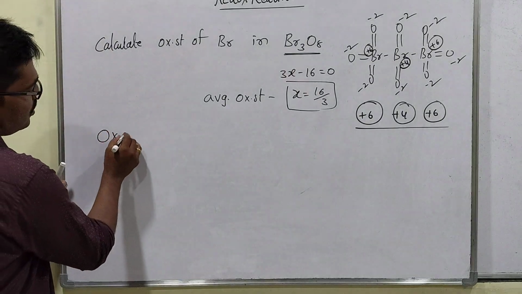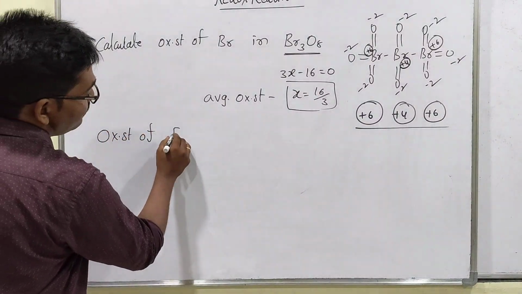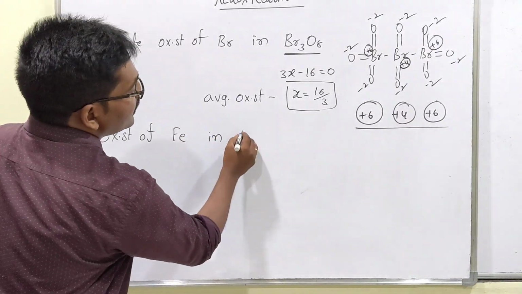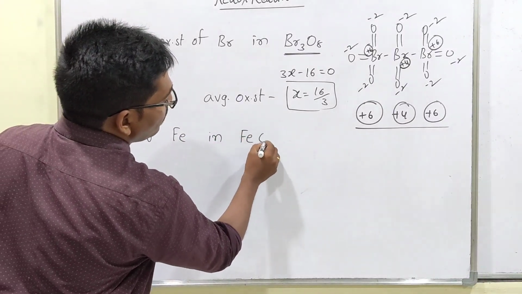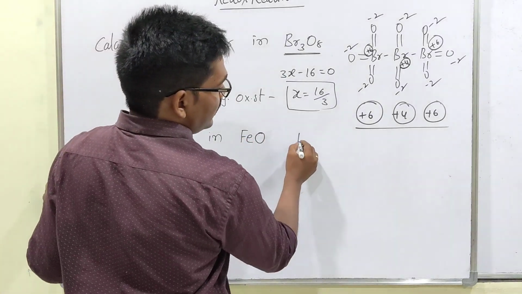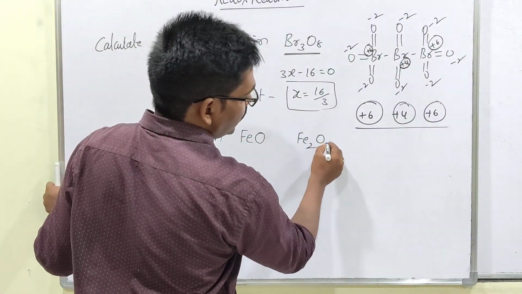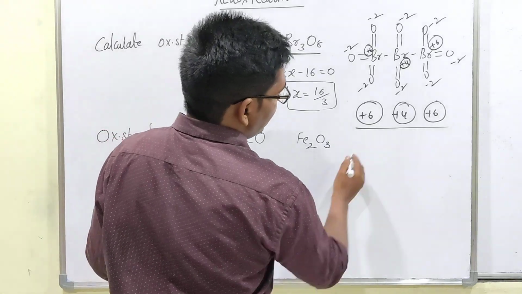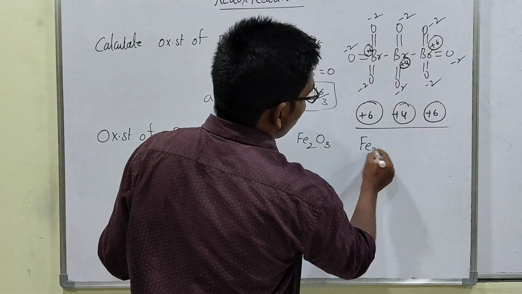Then the oxidation state of iron, Fe, in FeO, then Fe2O3, then Fe3O4, like this.